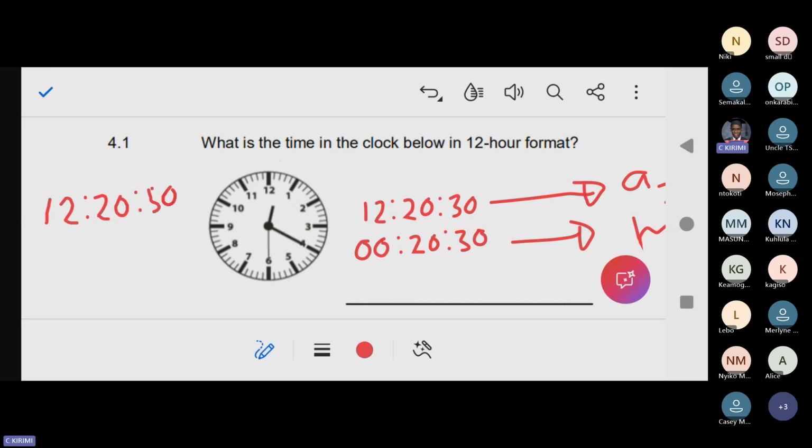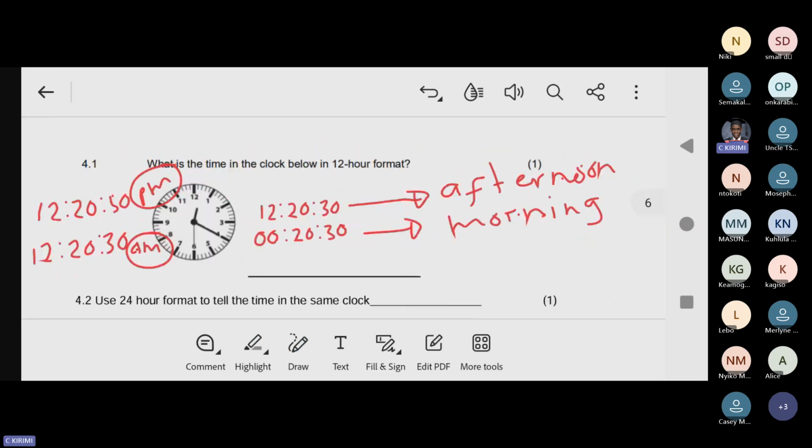So you indicate AM or PM. The one with AM will be early in the morning. That will be for number A. For 4.1, you indicate whether it's PM or AM.